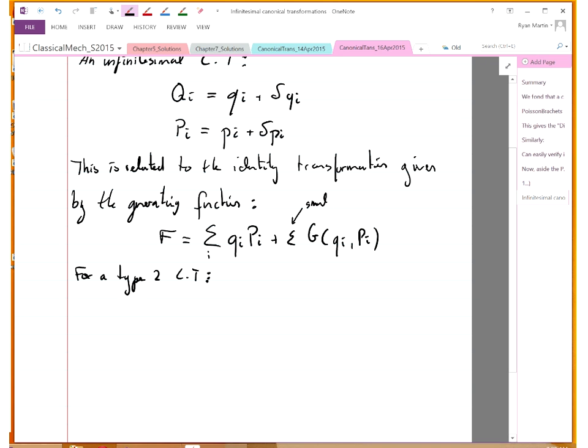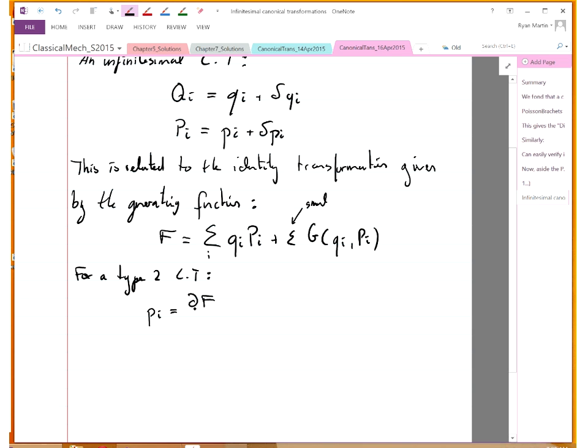This is a type 2 transformation, right? So for a type 2 canonical transformation, it depends on the lowercase q's and the capital P's. The ones we don't know are the lowercase p's and the capital Q's.